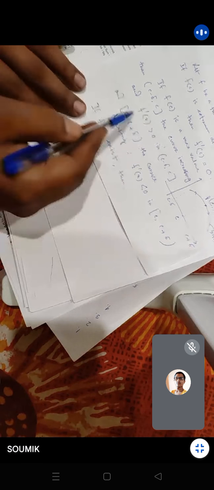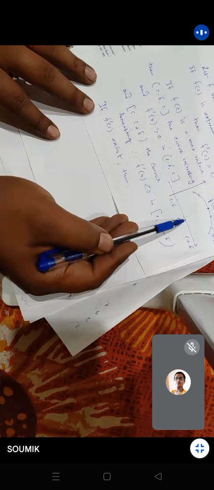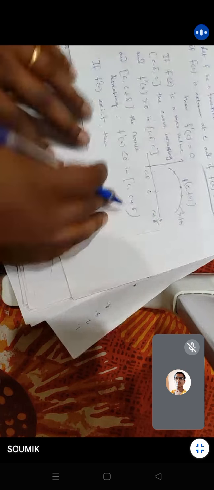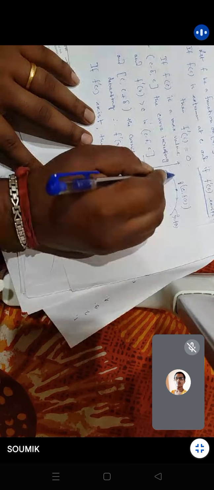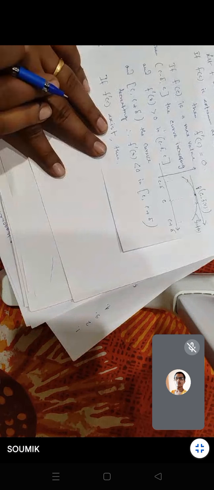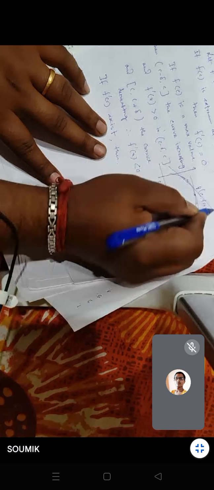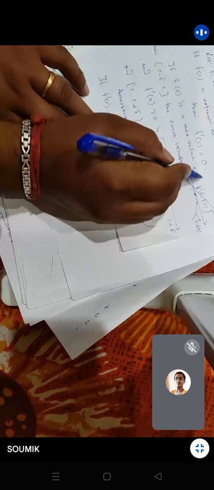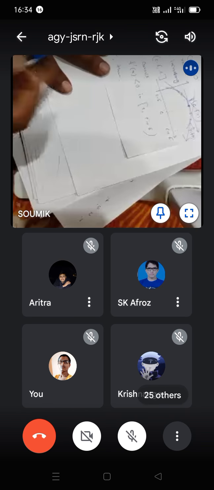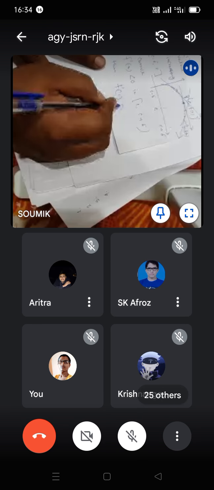So this is positive and this is negative. And if f'(c) exists, then what is f'(c)? f'(c) is parallel to the x axis, because this is increasing, this is decreasing, so f'(c) must be 0.